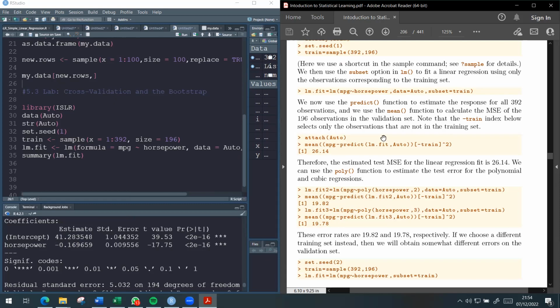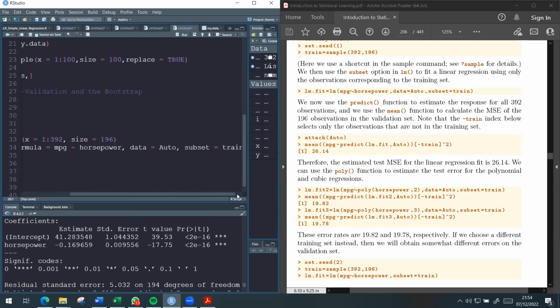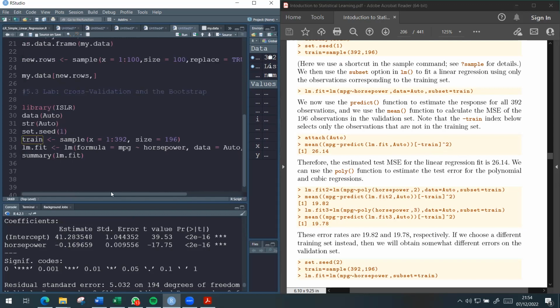Okay. So now we're calculating what I've been referring to as the test mean square error. Strictly speaking, it is the validation mean square error. This is on the data that we haven't used to fit. And we're going to specify that by saying negative train. So over here in the subset, we used train for training.